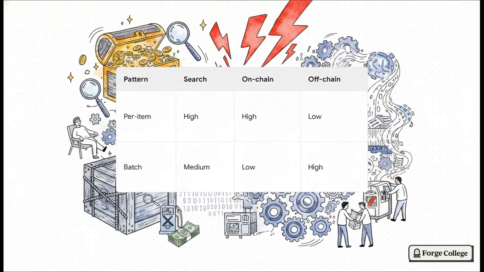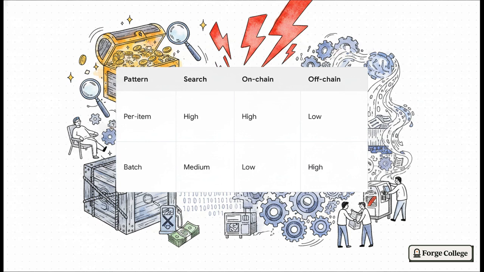Now, you know as well as I do, engineering is all about trade-offs. If you stick with a naive per-item event, sure, you get high searchability because every single field is directly accessible, and it requires very little off-chain work. But your on-chain footprint, and therefore your gas cost, is astronomically high. Switch over to a batch event, and boom, you drop your on-chain footprint down to low. You save an absolute fortune in gas.